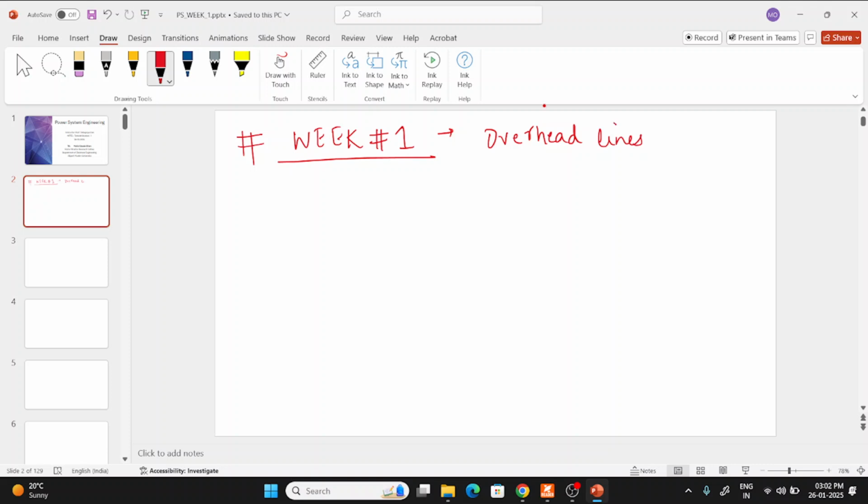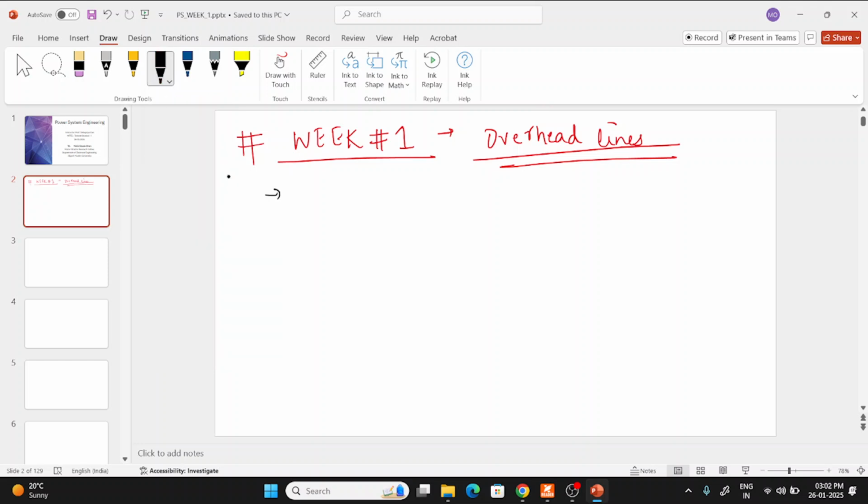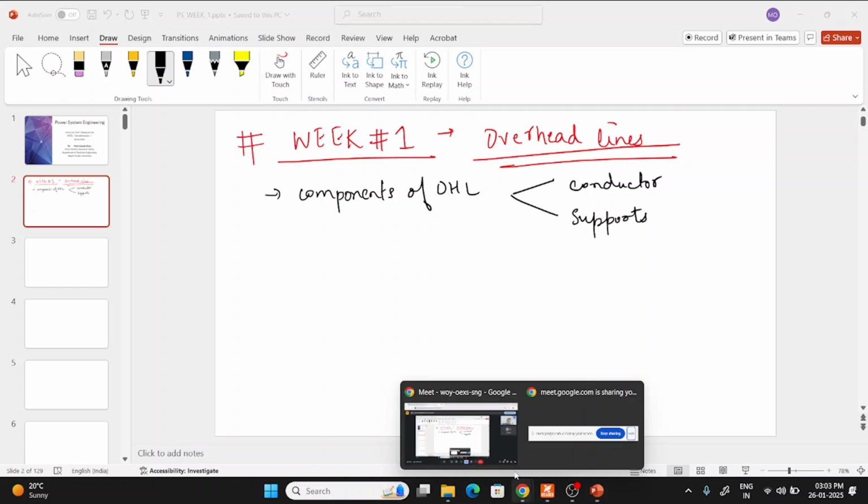Okay, तो इसमें क्या है, you must have gone through various aspects, what are the various components of an overhead line. Like there is a conductor, obviously, without that it is of no use. Then, to support that conductor, there are various supports.